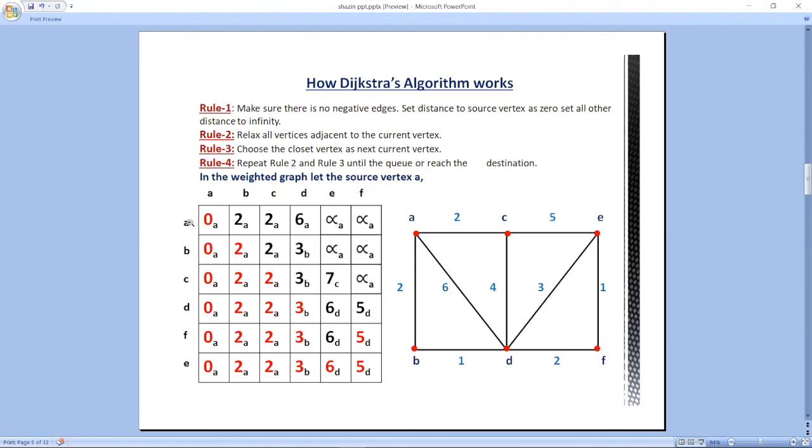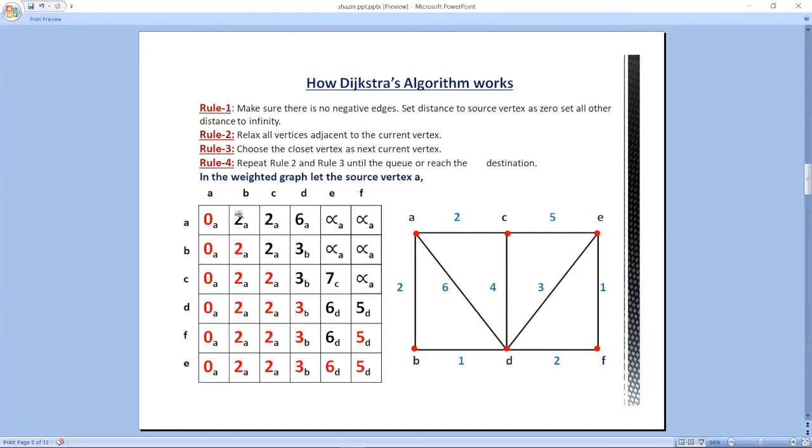We already visited these vertices. If we travel from source vertex to C, there is a direct way, and from A to C we need to travel 2 units.